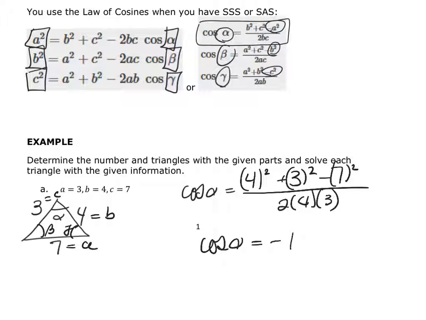What angle gives you -1 when you take the cosine of it? What angle gives you 1 when you take the cosine of it? Do you have a triangle? No. You have a straight line.